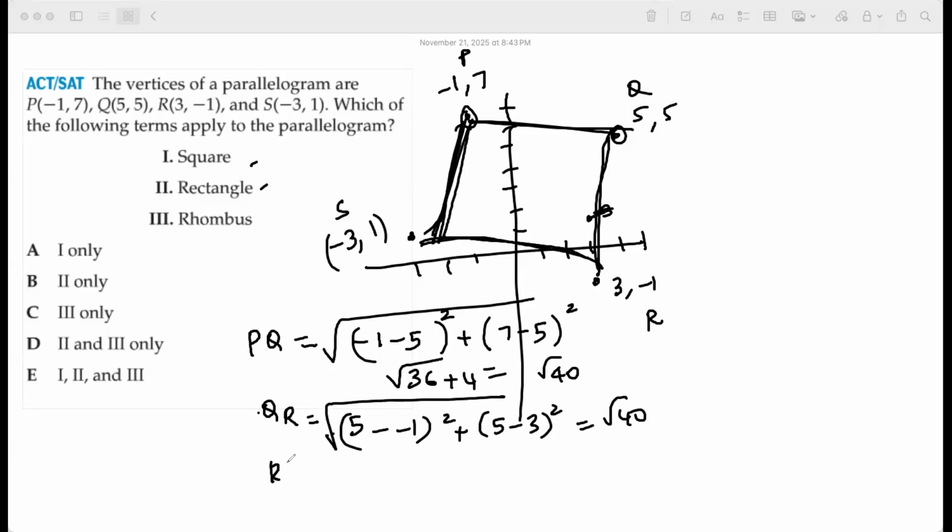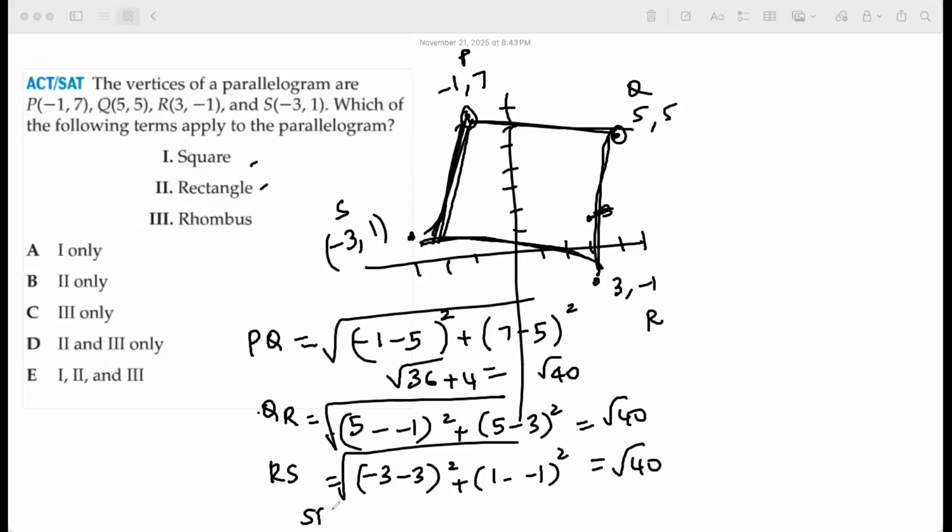RS is (minus 3) the whole square plus (1 minus minus 1) the whole square. It's just the same thing. Square root of 40. Then the last one, SP, will be equal to (minus 3 minus minus 1, so plus 1) the whole square plus (1 minus 7) the whole square. It's exactly the same. Makes sense?